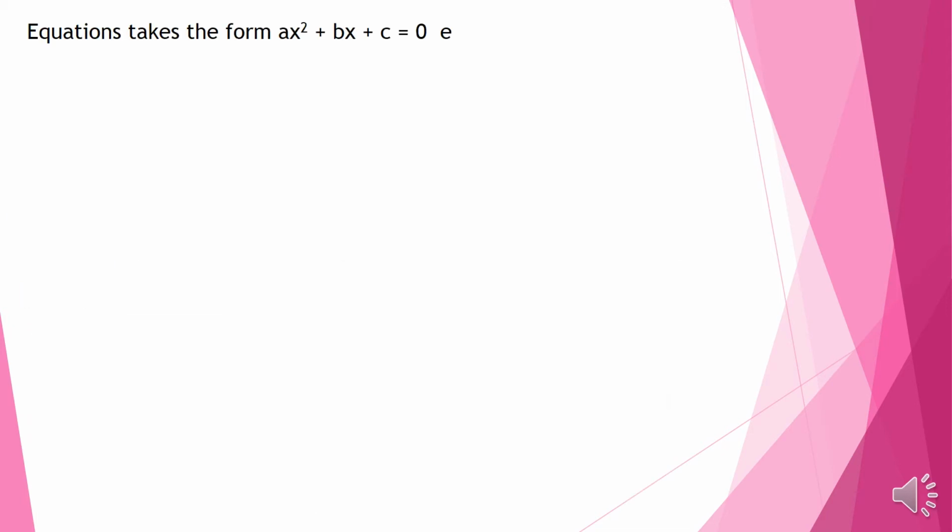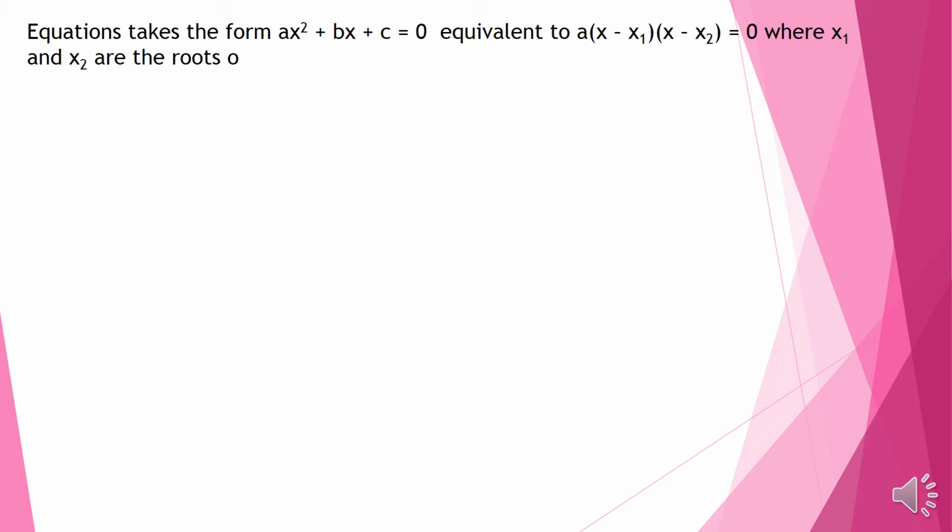An expression of the form ax squared plus bx plus c is equivalent to a times (x minus x1) times (x minus x2), where x1 and x2 are the roots of this expression. What do we mean by the roots? If you replace x by the value x1, you get 0.